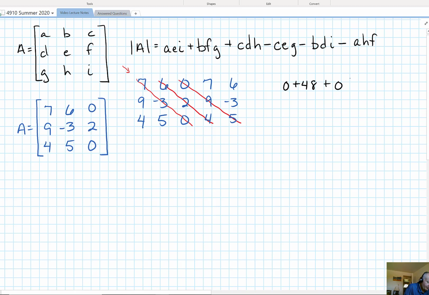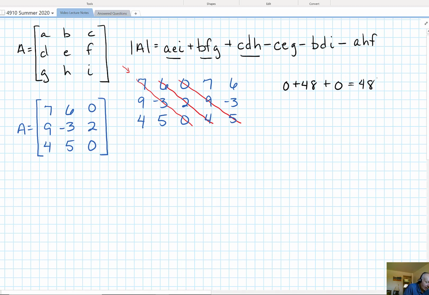Just for reference, AEI, BFG, and CDH are these three upper left to lower right diagonals. But again, you don't have to remember this. Just multiply down the three main diagonals, get three numbers, and add those together.